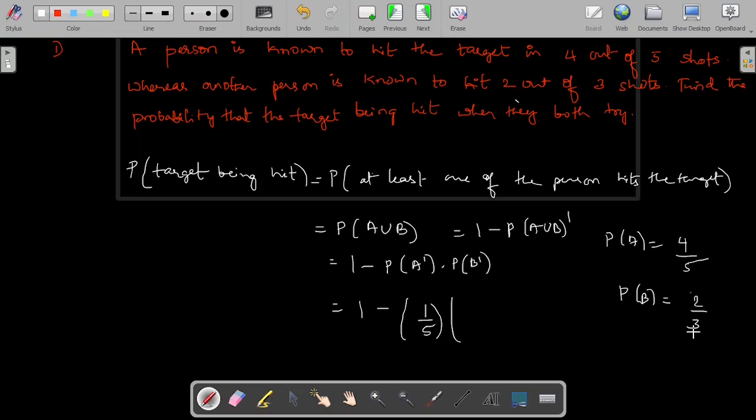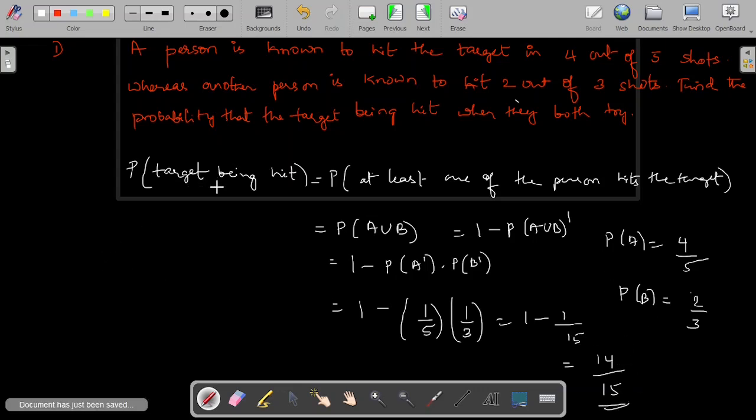Into P of B is 2 by 3. P of B dash is 1 minus 2 by 3, that is 1 by 3. So you will get 1 minus 1 by 15, that is equal to 14 by 15. This is the probability of the target being hit, which is nothing but at least one of the persons hits the target. That is, either A hits the target or B hits the target, or A and B both hit the target.